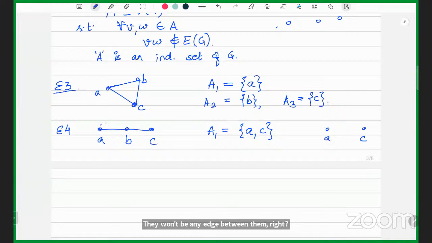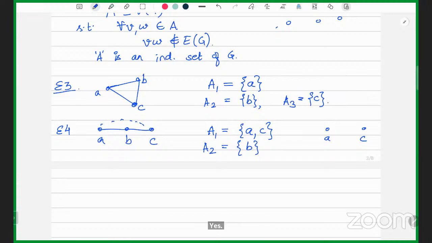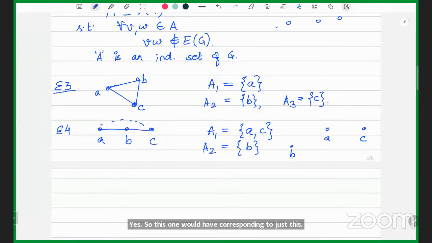Only AB and BC are there. So AC stands out as just two vertices, no edge. So that's an independent set. A2 consists of just B, because as soon as I put B, I cannot put A, I cannot put C either. So this one corresponds to just this. Okay. So independent sets are those subsets which give you graphs without any edges.